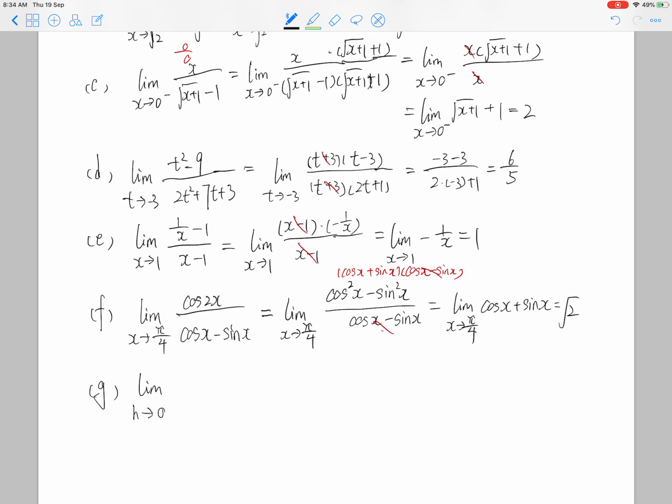Part G. So 8 is what? 8 is 2 to the power of 3. Okay, then when you sub in, it's 0 over 0, so the common factor should be h, right? The denominator is just h. The numerator, a cubed minus b cubed, is what? A cubed minus b cubed is a minus b times a squared plus ab plus b squared.